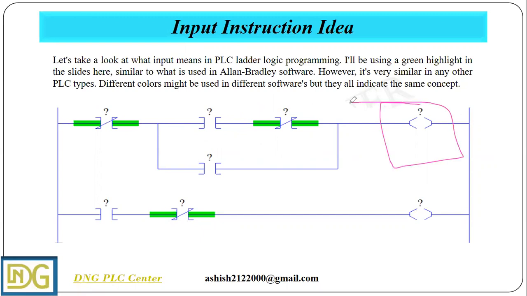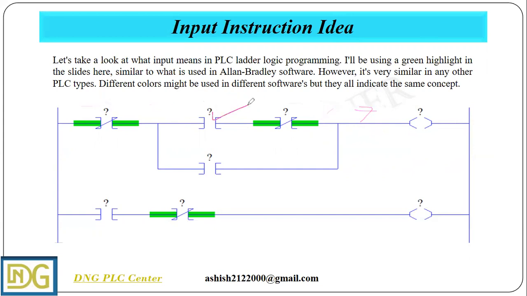When we press this button and the current flows from left to right and reaches our output, then our output is also highlighted and shows that the output is on.